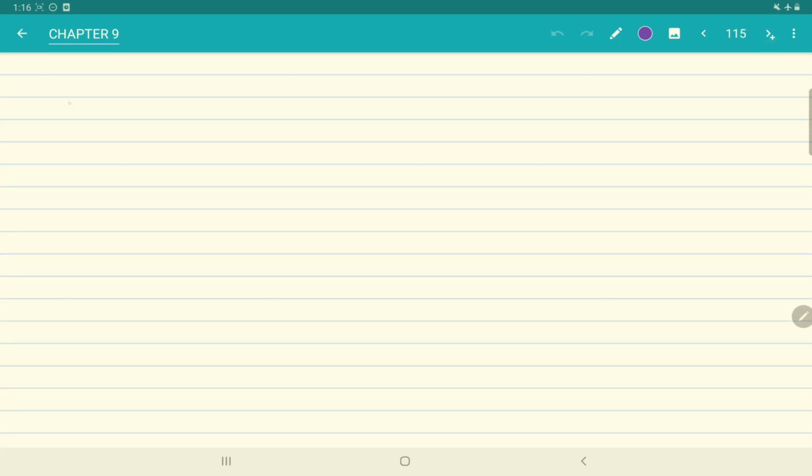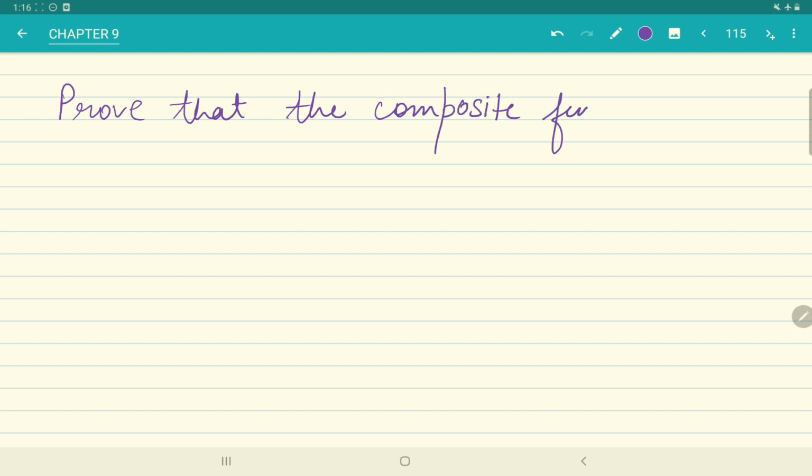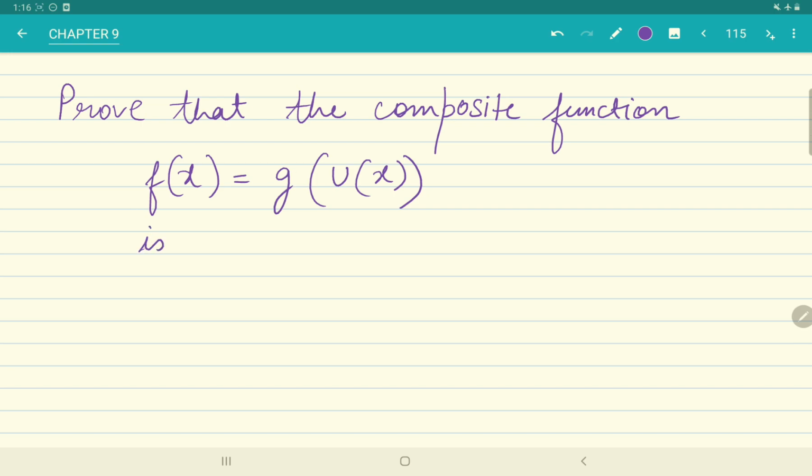In this case, we have to prove that the composite function f of x equal to g of u of x is also increasing and concave.